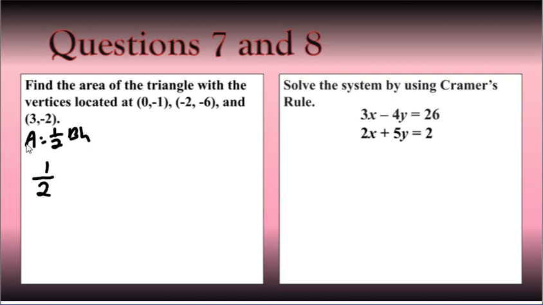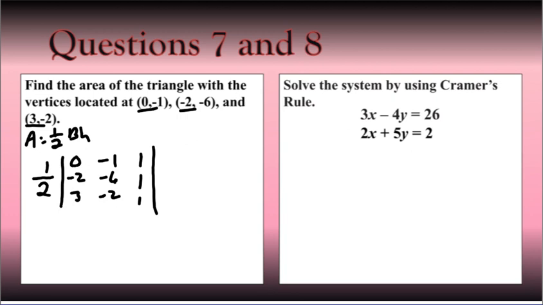So I'm going to have 1/2 times, I'm going to make my matrix here. So we have 0, negative 1, negative 2, negative 6, and 3, negative 2. These ordered pairs just form our first two columns, and the last column is just all ones.